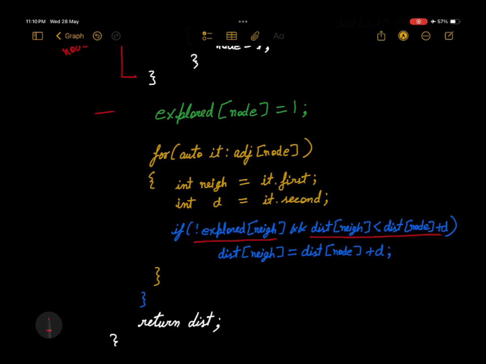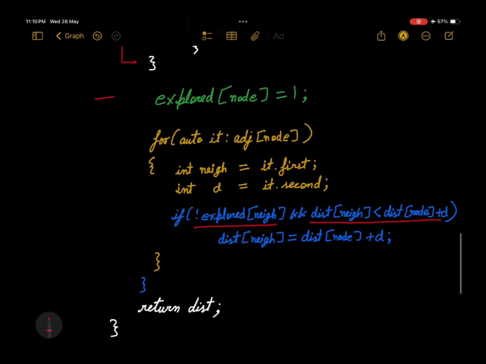Then we will traverse its neighbors. If they are not explored and the distance to reach there, right, is less than the distance of, oh sorry, it should be greater than here. If the distance of neighboring node is greater than the distance of node plus the edge weight, right, we will update this. And for using priority queue and sets, we will see in the next video.